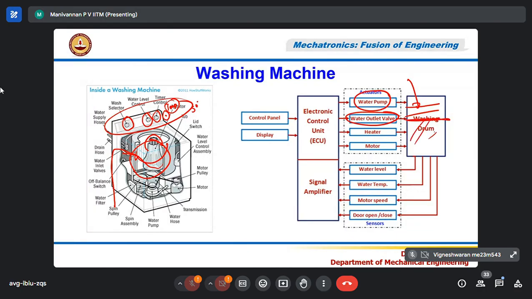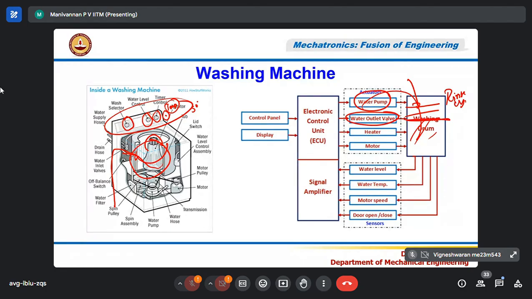Once it is filled, my cloth is there, but the dirty water is gone. Still some more dirt is sticking with the detergent. That is called the rinse cycle. At that time fresh water is added. Again the drum will agitate, moving clockwise, anti-clockwise for 10 or 15 minutes. So all the dirt and remaining detergent will be removed.